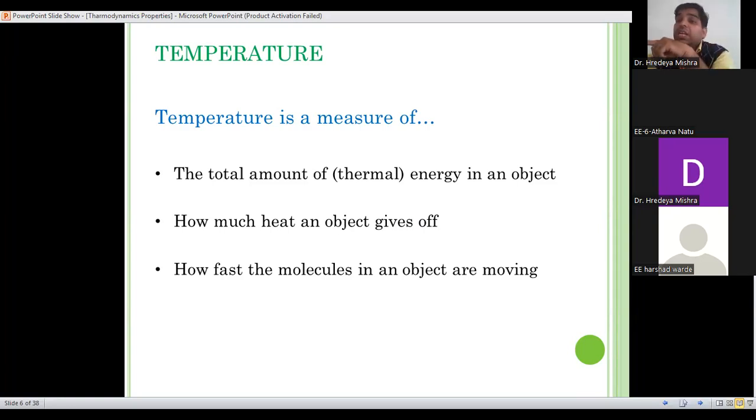Heat energy always flows from higher to lower temperature. If T1 is greater than T2, then heat flows from T1 to T2 until T1 equals T2. I will give an example for that.